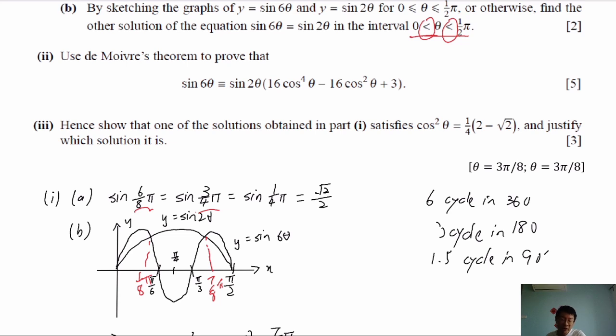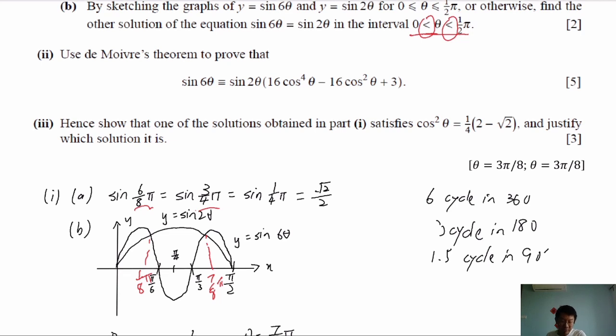Okay, so why do we know this is by looking at the symmetry property. When we look at the symmetry property, this value here should be 7/8 pi, from the graph.